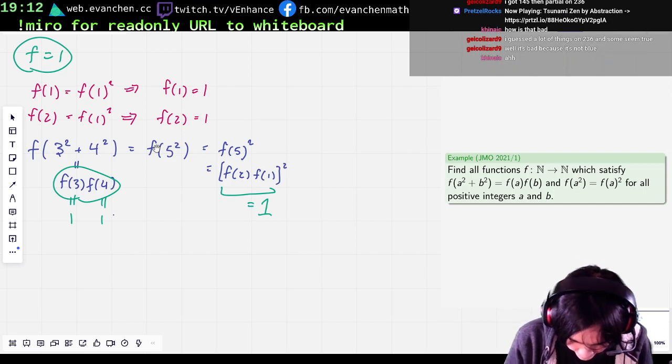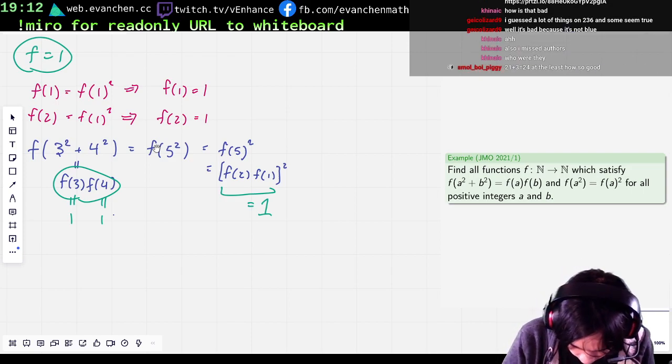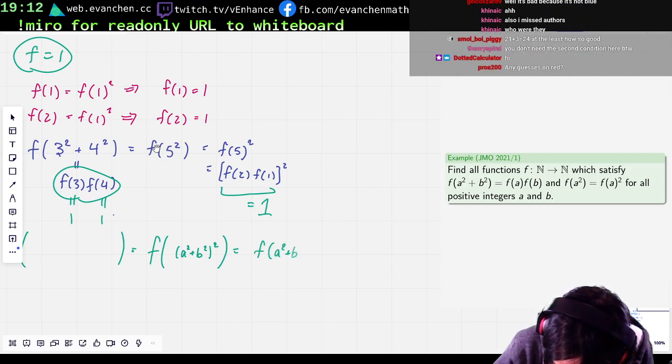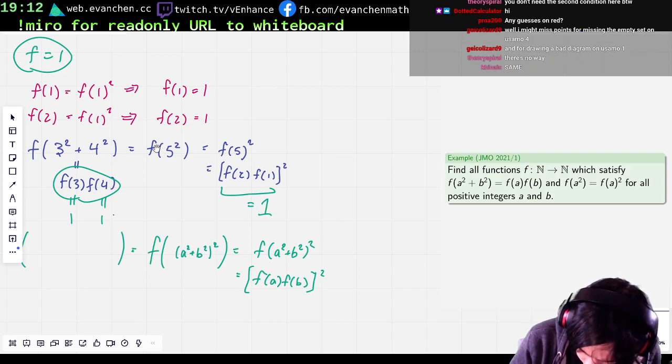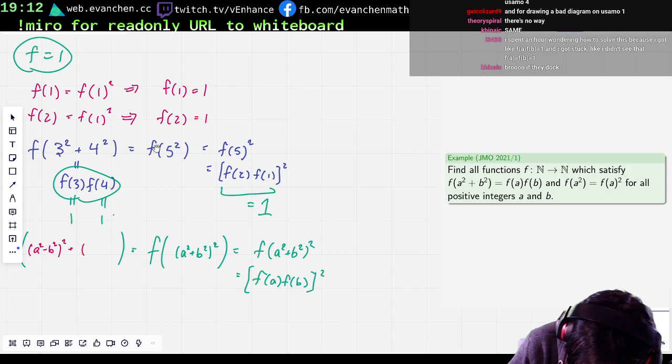Okay, so more generally speaking, if you have the following characterization, f of a squared plus b squared, all squared, is f of a f of b all squared, and this thing is equal to a squared minus b squared all squared plus 2ab all squared.